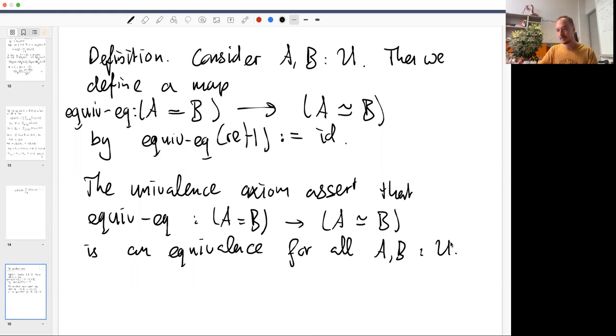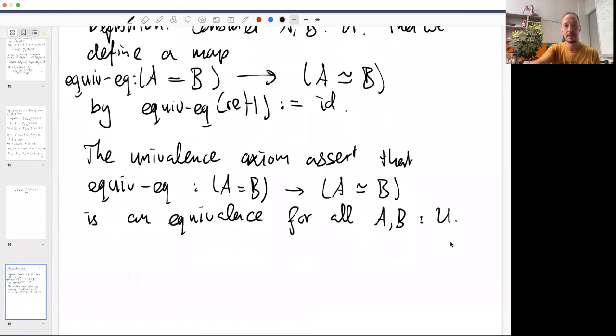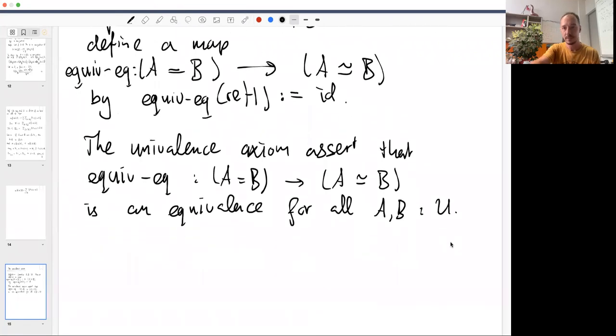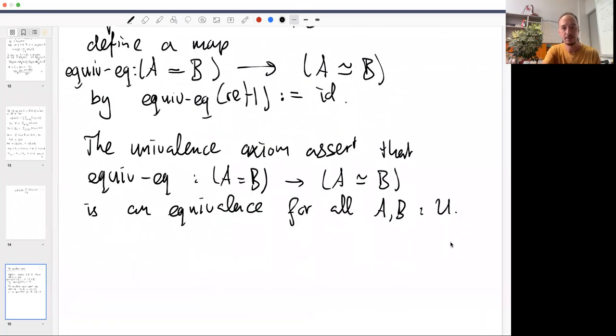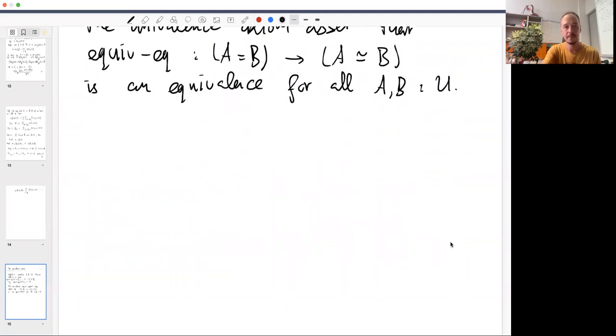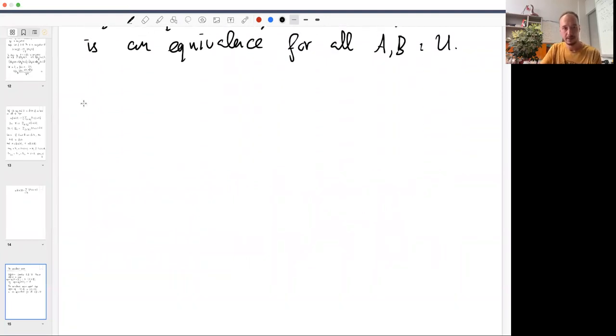And let's begin with a few remarks about this axiom, because it's of course nice to have a characterization of the identity type of the universe, but what exactly does it do? So let's have some remarks.